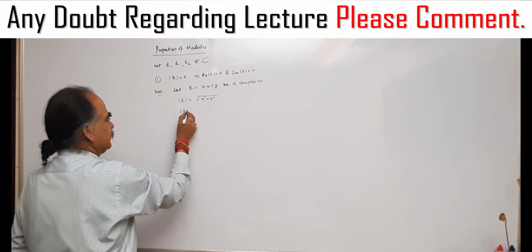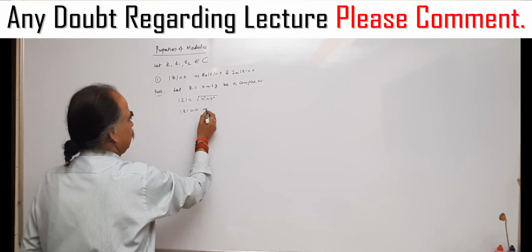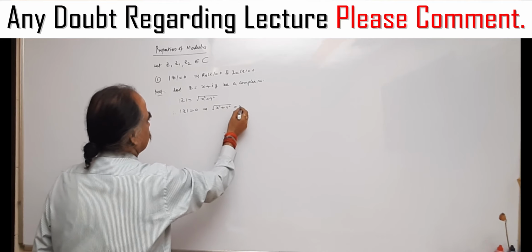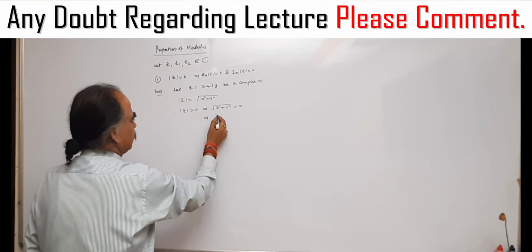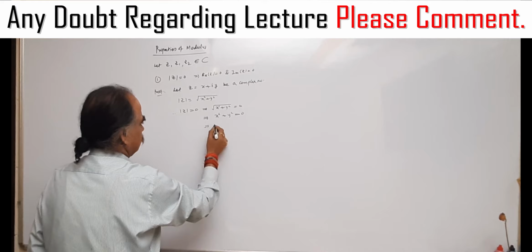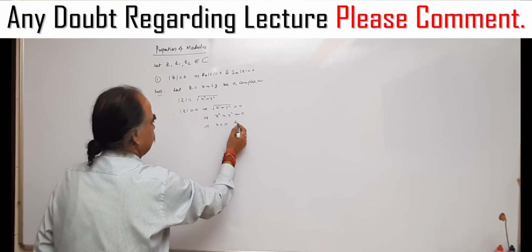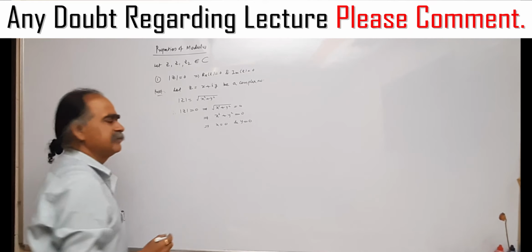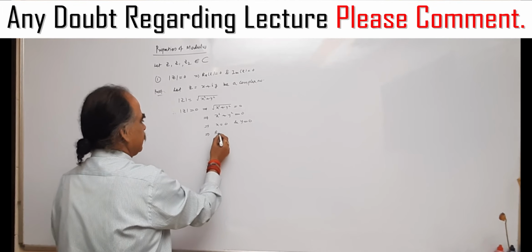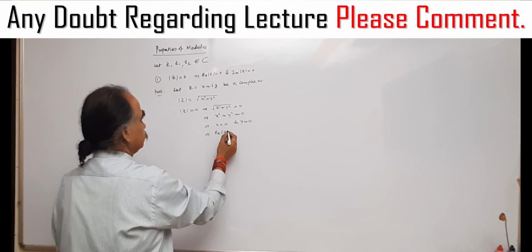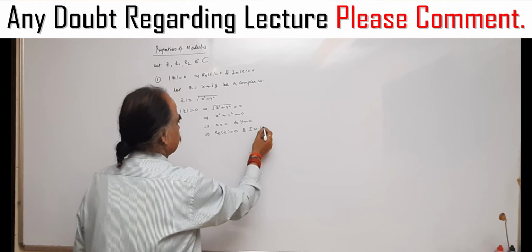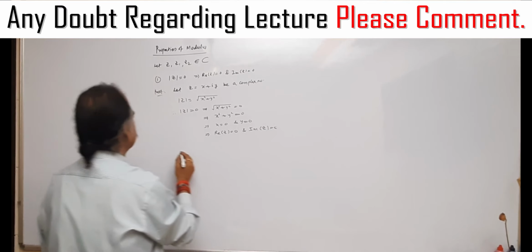Therefore, mod z is equal to 0 will imply root of x square plus y square is 0, provided x square plus y square is 0. So x has to be 0 and y has to be 0. The real part of z is 0 and the imaginary part of z is 0.